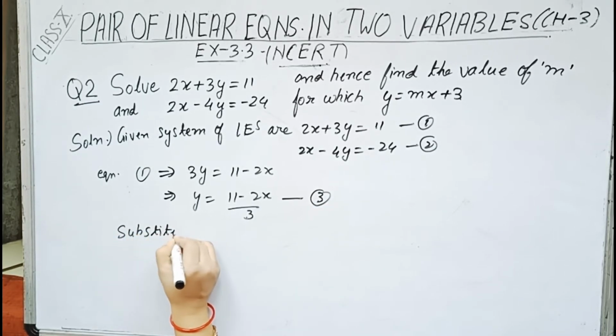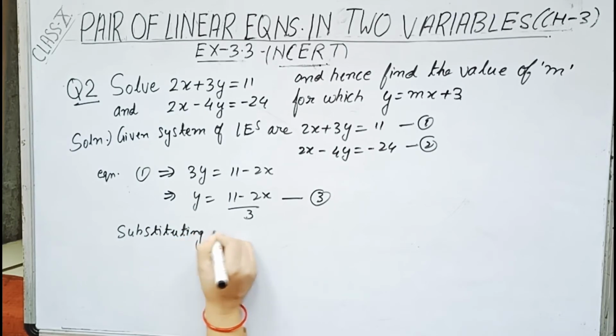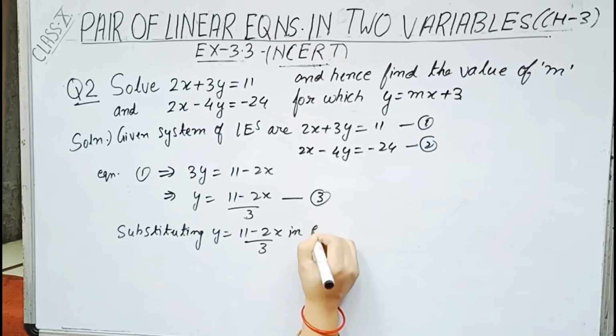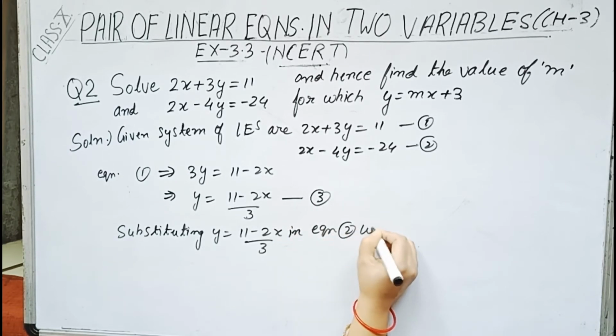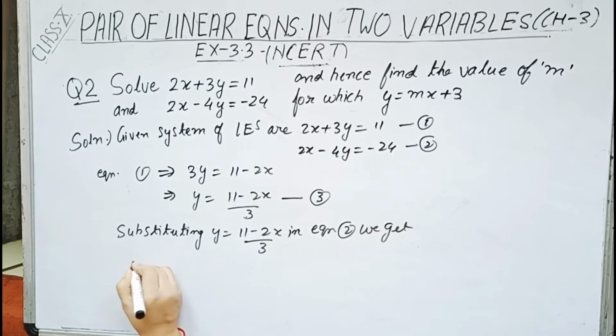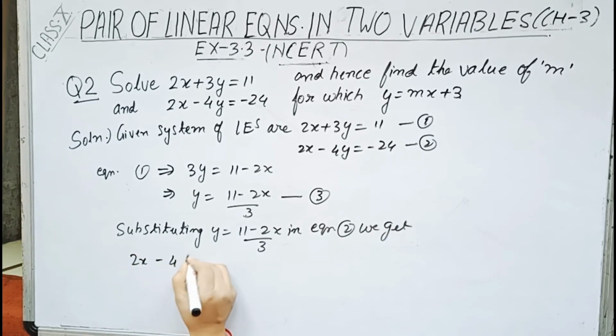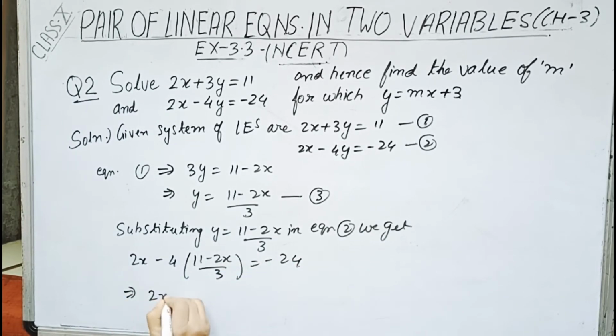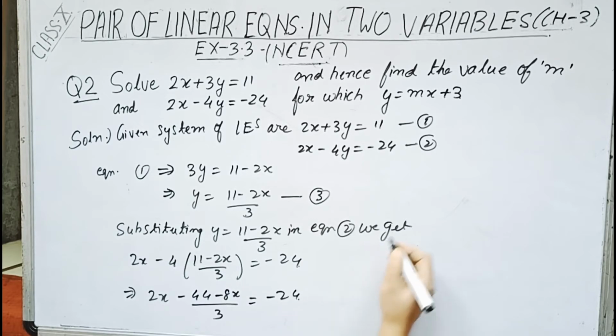Substituting y equals (11 minus 2x) by 3 in equation 2, we get 2x minus 4 times (11 minus 2x) by 3 equals minus 24. This implies 2x minus (44 minus 8x) by 3 equals minus 24.